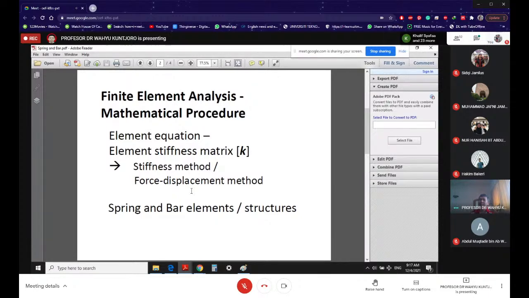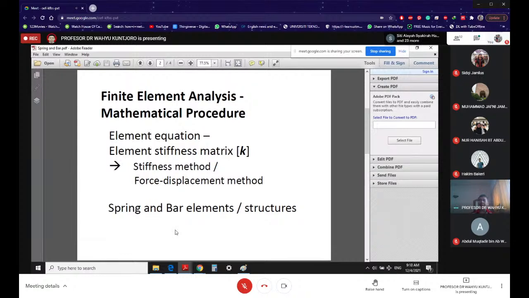So today, in a simple way, we are going to derive the K, or the element stiffness matrix, or actually the element equation itself. So we are going to derive our own element equation. And for illustration, we are going to look at spring element and bar element.